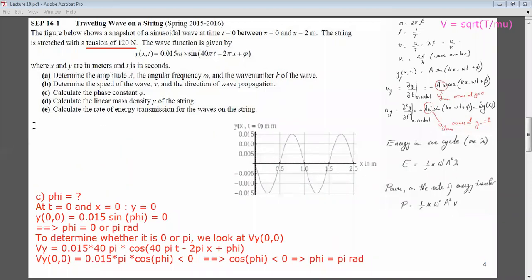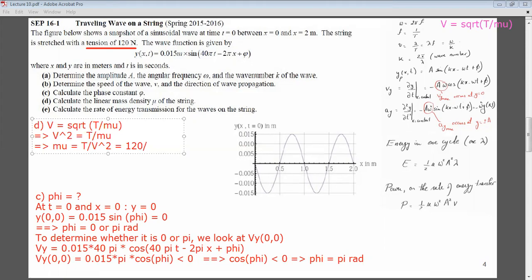Before we find mu, we say V, the speed of the wave, is equal to the square root of tension over mu, which implies V squared is equal to tension over mu, which implies mu is equal to tension over V squared. The tension is given as 120 newton.